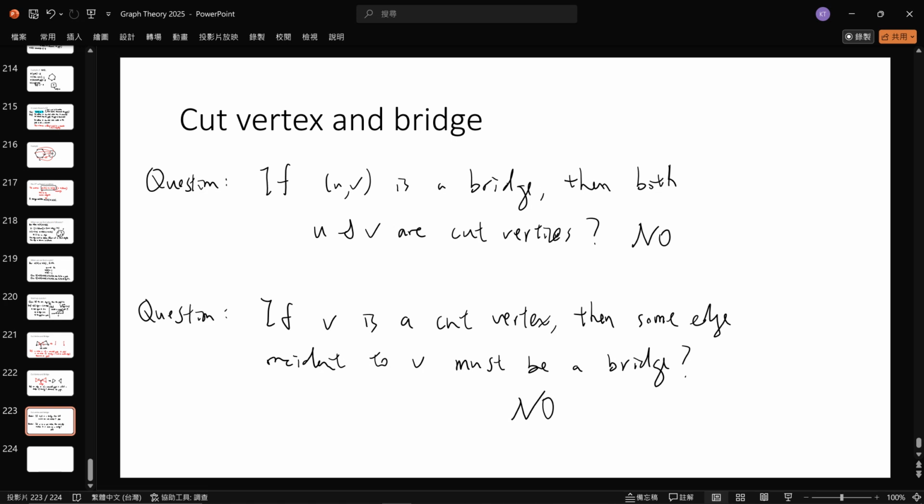Yeah, so this is one case where you just have two vertices and one edge. By definition, this is a bridge, but these two endpoints are not cut vertices. Another possible case is like this.